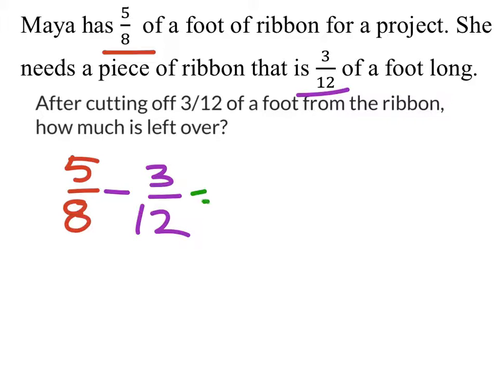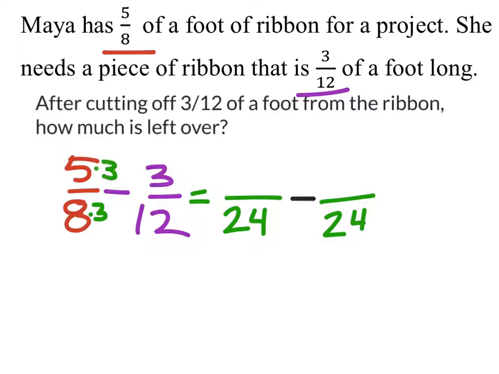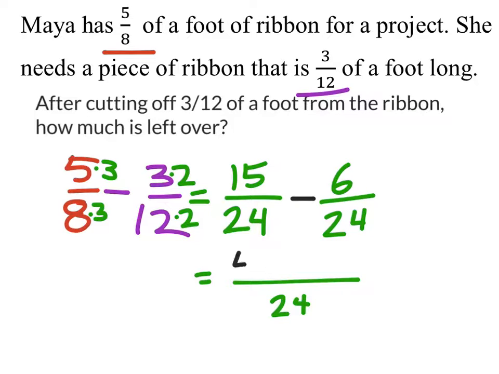Now 24 means that, of course, both fractions will have denominators of 24, and we'll keep the operation of subtraction. But I would take the 8, and I'd have to multiply it by 3, so the 5 by 3 as well, which makes that 15/24. The 12, I'd have to multiply that by 2, so the 3 by 2 as well makes that a 6. Now, I have a common denominator of 24, and I can subtract the numerators: 15 minus 6, which is 9.